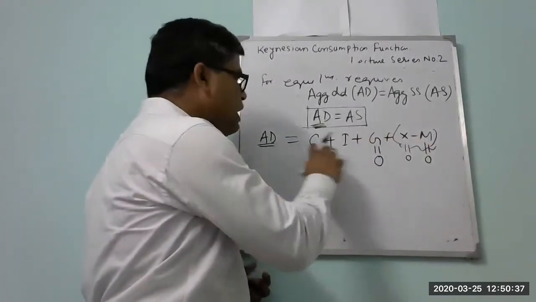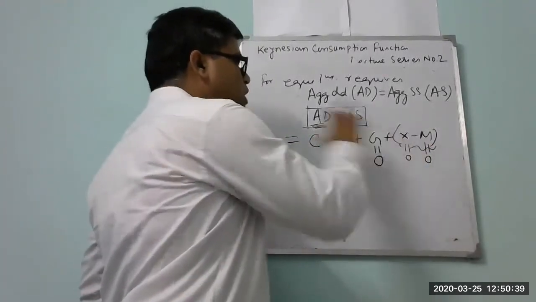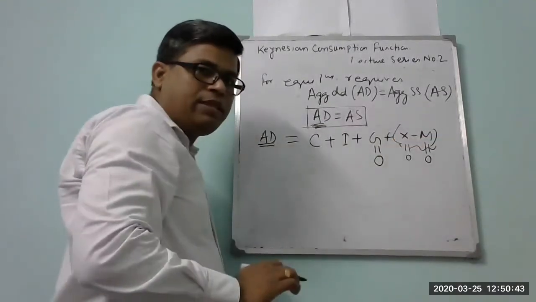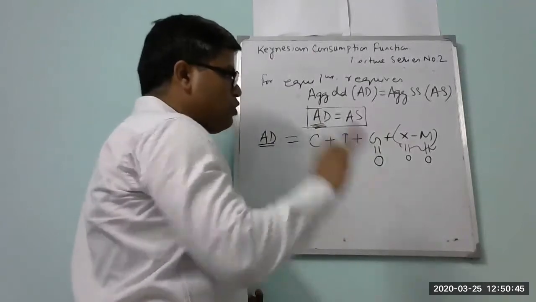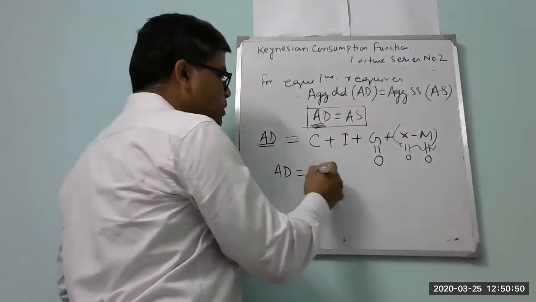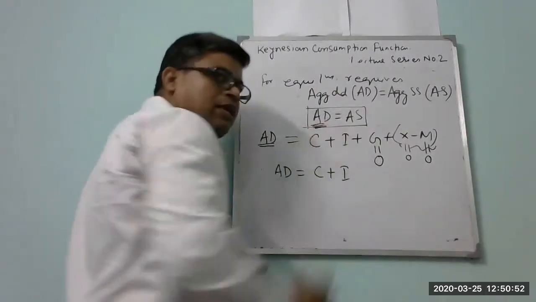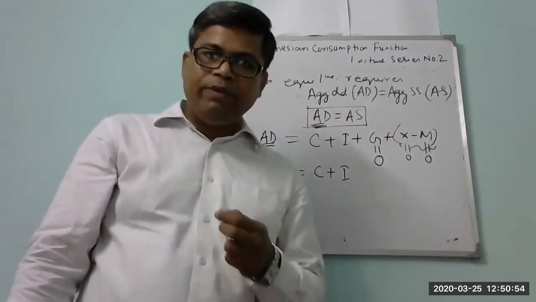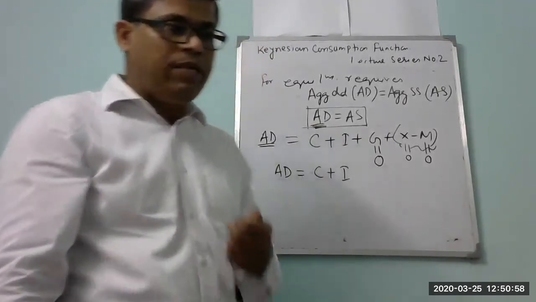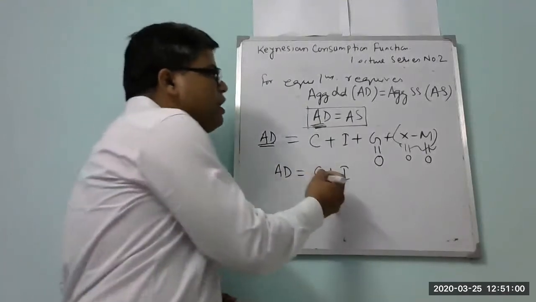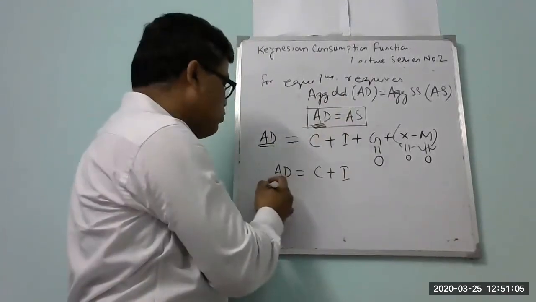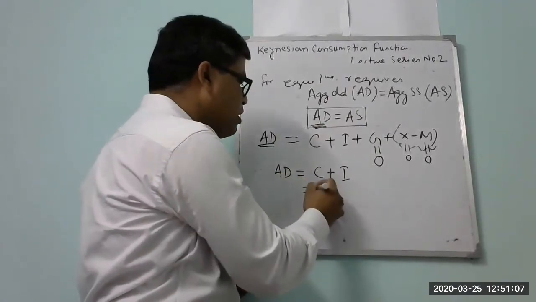So G, X, N become 0. Therefore, AD will be equal to C plus I, consumption expenditure plus investment expenditure. Now, consumption expenditure, we know that C equals A plus BY.